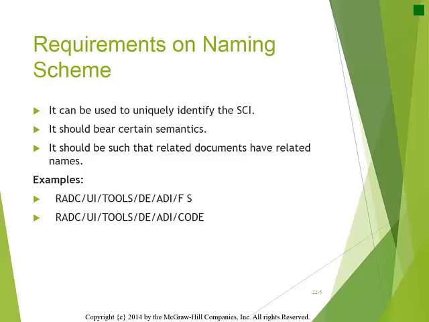The naming scheme should uniquely identify the CI. It should bear certain semantics. It should be such that related documents have related names. For instance, in the example, the items are related, and one item signifies the source code and the other indicates another item related to ADI.